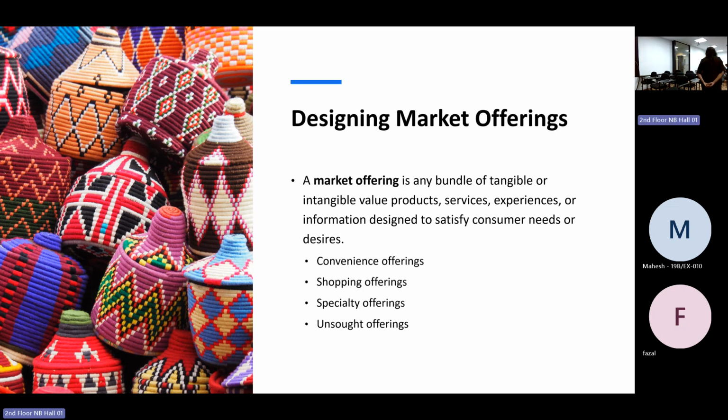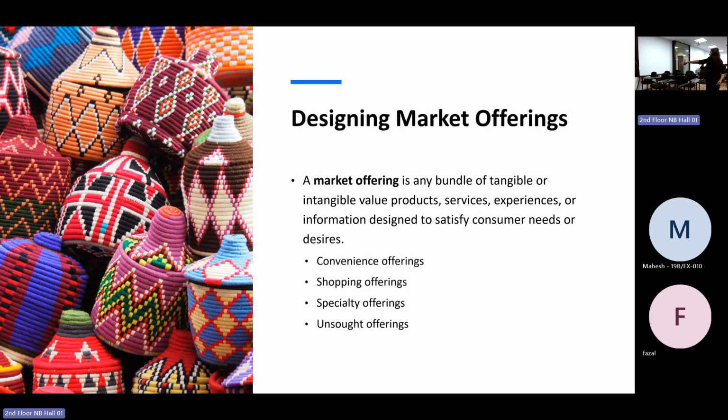Market offerings mean whatever the things that we provide to consumers to satisfy their needs and wants, we call it market offerings. Right? It can be a product, can be a service, can be information, can be experience, right? All these we call market offerings. Okay? The definition is clear.